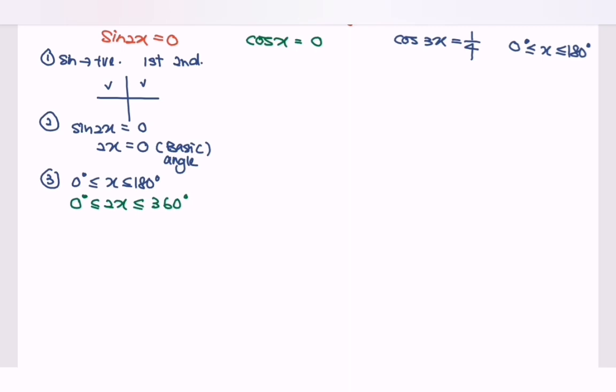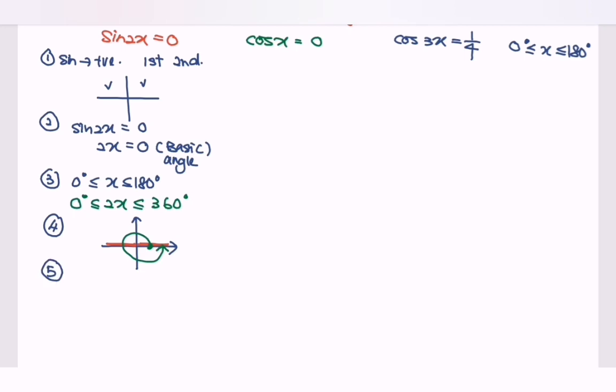Kindly refer to the rotation. Step number 4. First, refer to the quadrant. We will have the first and the second. Number 2, we have the basic angle 0. So meaning that here will be our basic angle. Step number 3, illustrate the range starting from 0 until 360.